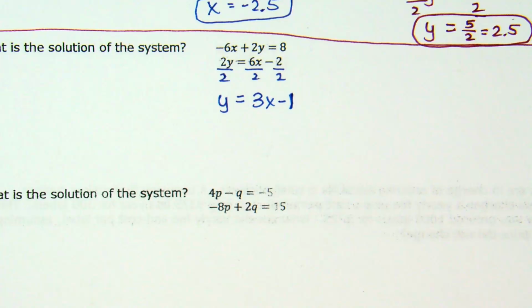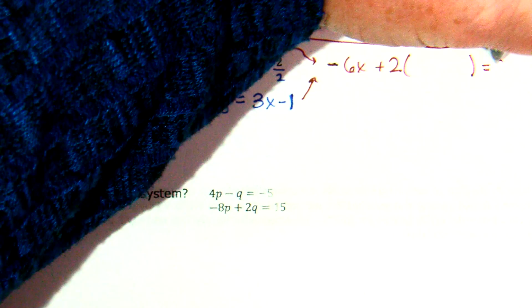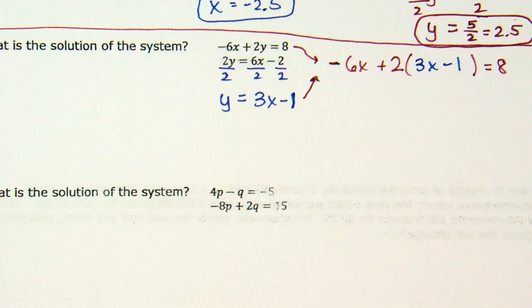Okay, so now what? Plug it into the other equation. So, my other equation is negative 6x plus 2y equals 8. Every place I see a y, what am I replacing? 3x minus 1.